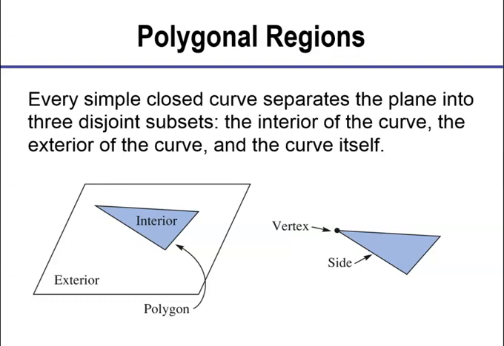So there's the interior, there's the figure itself, and the exterior. So if you put any simple closed curve in a plane, you're going to have the interior, you're going to have the figure itself or the curve itself, and the exterior, the part that's not in the interior and not on the curve.